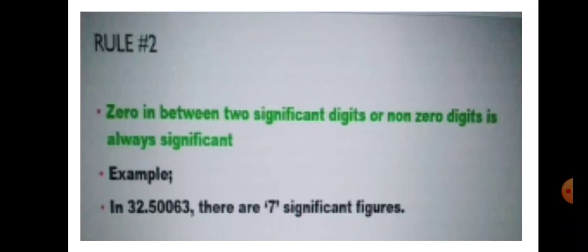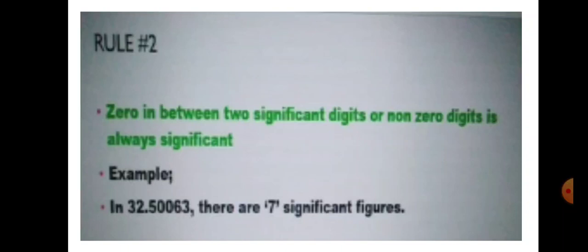Now come to rule number 2. In rule number 2, a zero in between two significant digits or non-zero digits is always significant. For example, if we have a value 32.50063, the zero is in between 5 and 6.